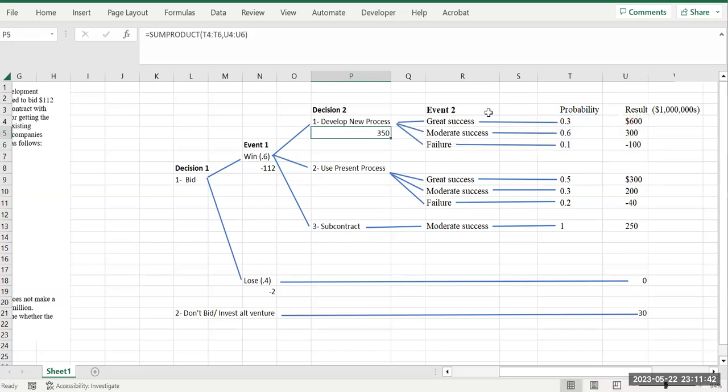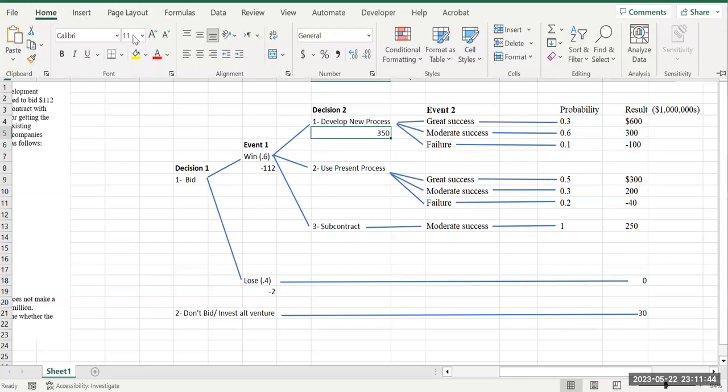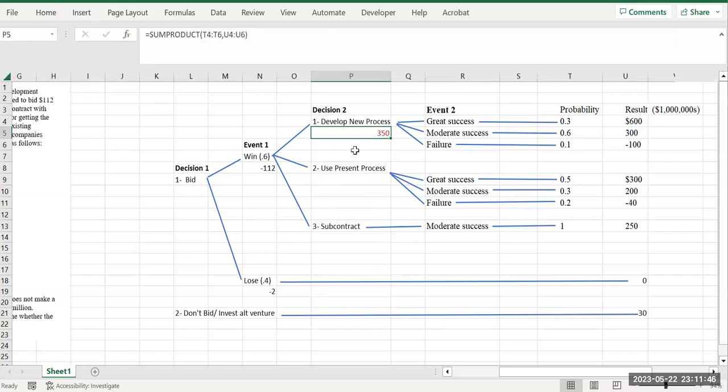That will give us the expected return here. I'm not putting in the formulas, but you see it right here: expected values of probabilities and their results. That will give us the expected result of this decision.